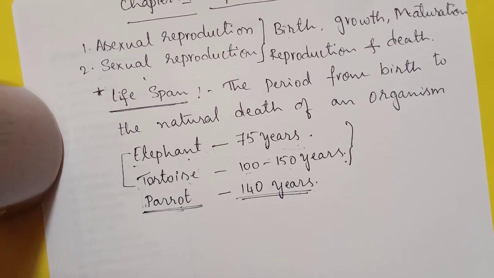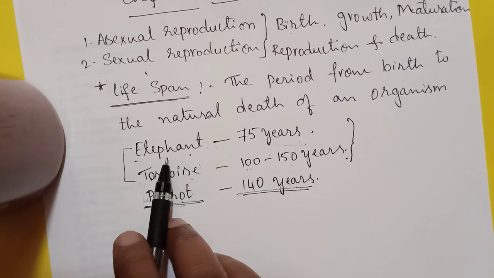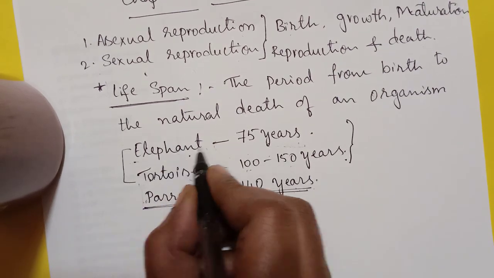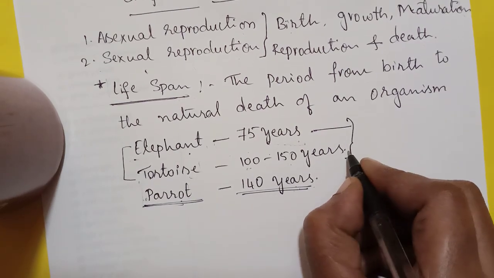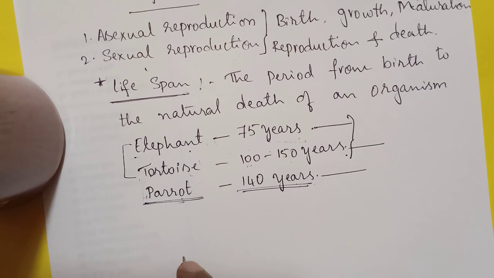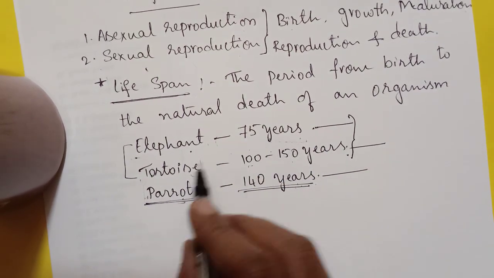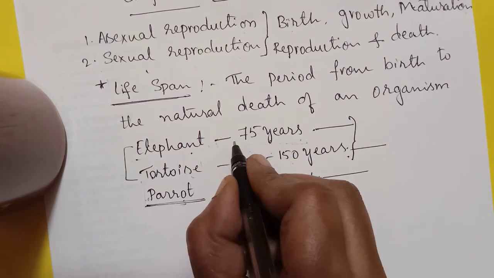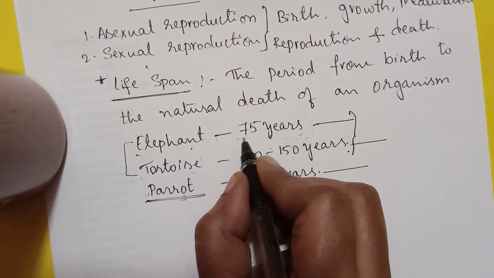Now when we come to the individuality of the organism's lifespan, for example, if we take the elephant as an individual, the tortoise as an individual, or the parrot as an individual, each individual has its own lifespan. That means not all elephants will live for 75 years.